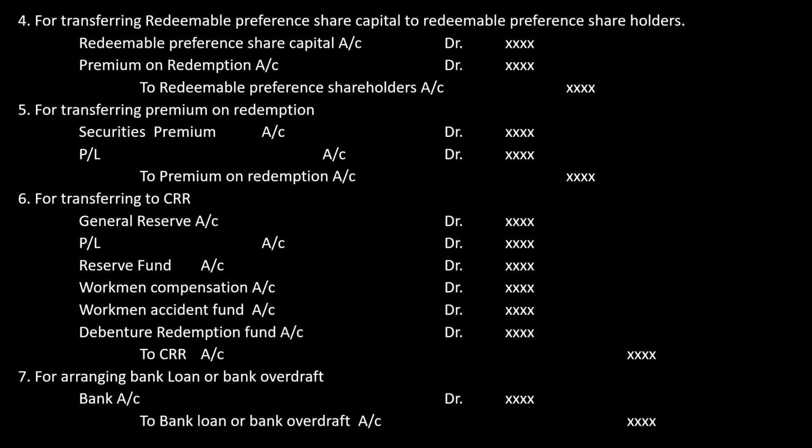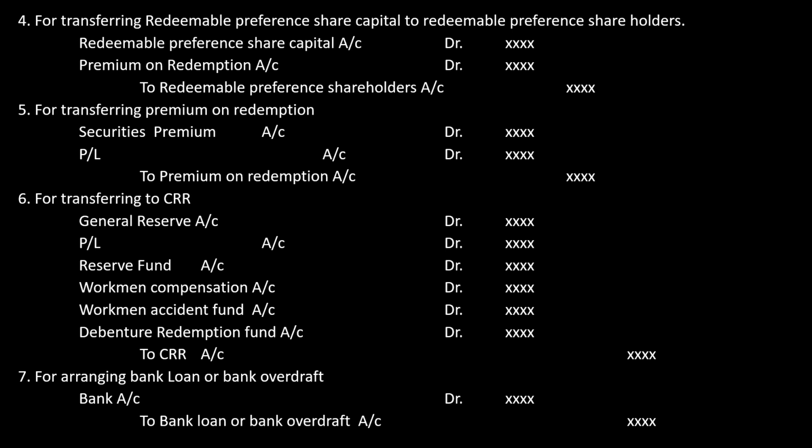For transferring the premium on redemption, you will give priority first to the securities premium. For example, the preference shares are redeemed at 10% premium, and the preference share value is 5 lakh. Out of 5 lakh, 10% gives me 50,000. The problem says the securities premium in the balance sheet shows 40,000 rupees.